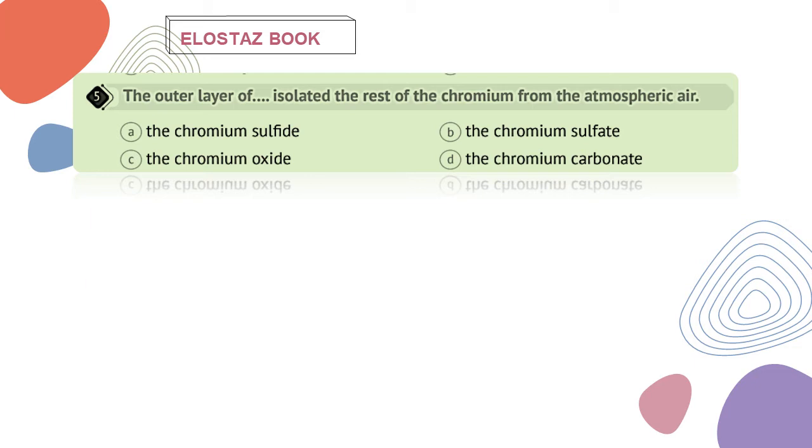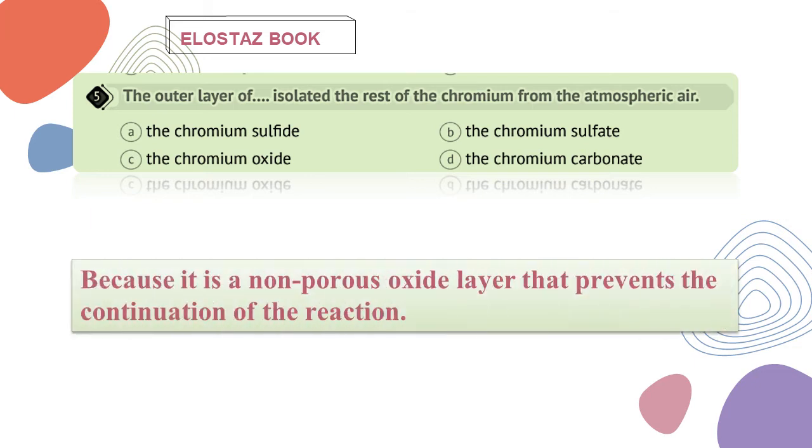What will be the layer that isolates the chromium from the atmospheric air, or prevents the chromium from reacting with the oxygen of the air? We said that we have one that is a non-porous oxide, so it contains oxygen, so it will not take oxygen from the air.